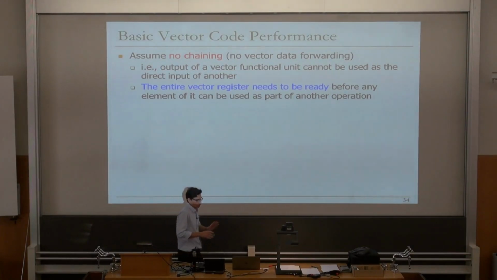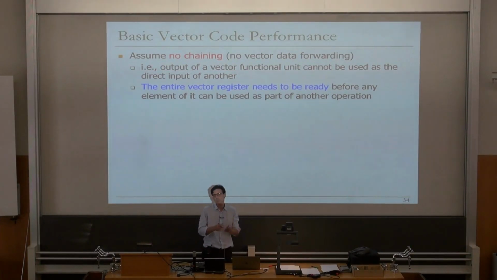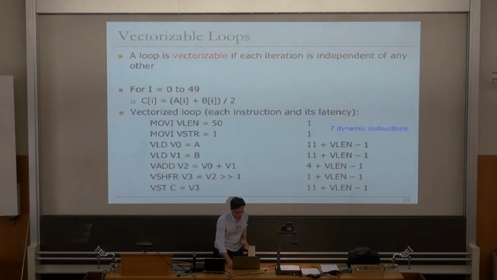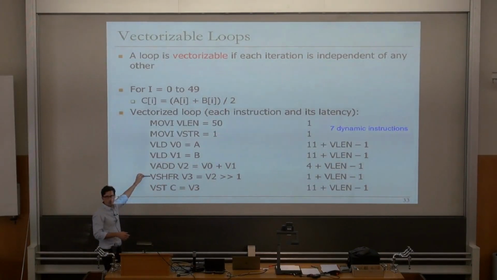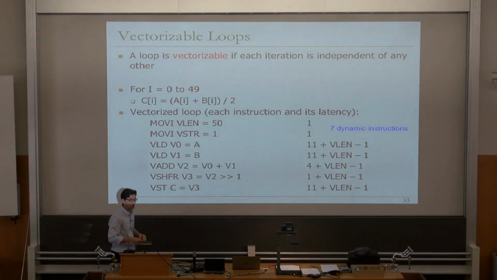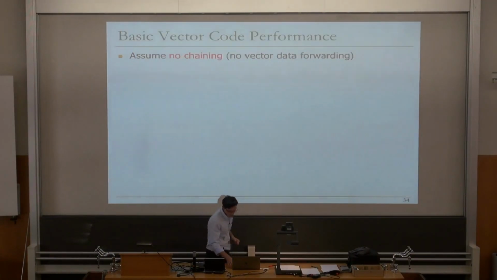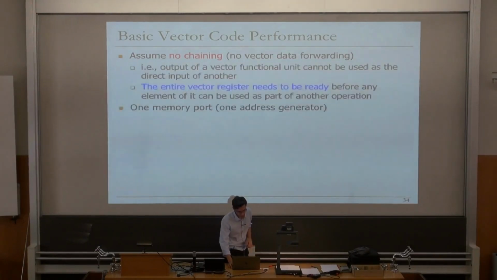So for now we are not applying this optimization that we will apply next. Going back to the code, before we start executing this shift operation, for example, we need to make sure that all the 50 additions that this vector addition will execute have finished. That's what no chaining means.